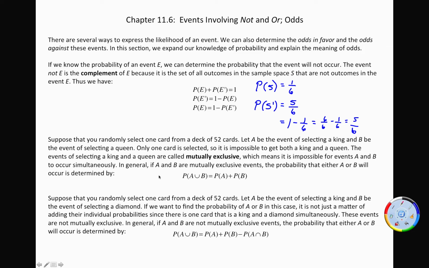In general, if A and B are mutually exclusive events, the probability that either A or B will occur is determined by this formula. So notice from our example, we want to know what's the probability that you get a king or a queen. Well, in this case, it would just be the probability that you get a king plus the probability that you get a queen, because those events are mutually exclusive.